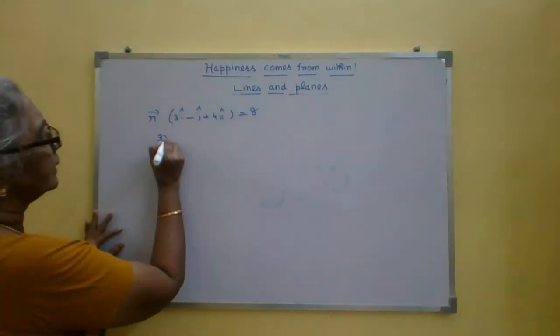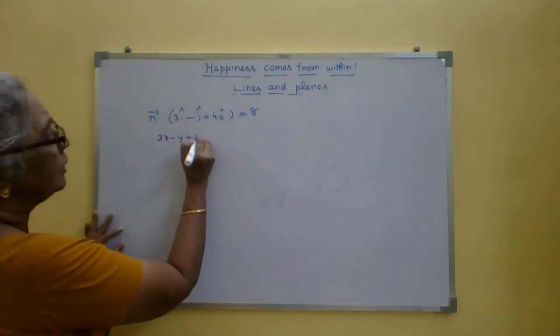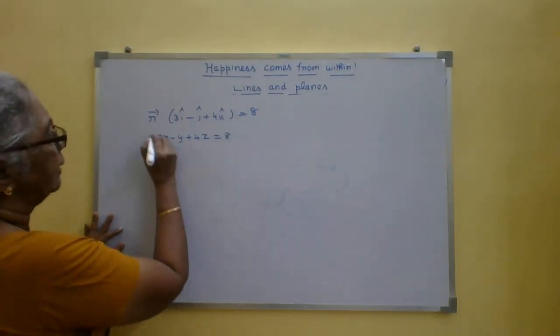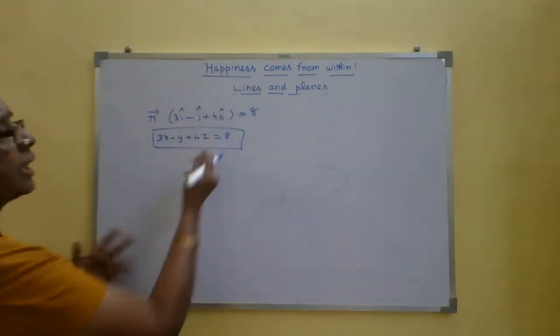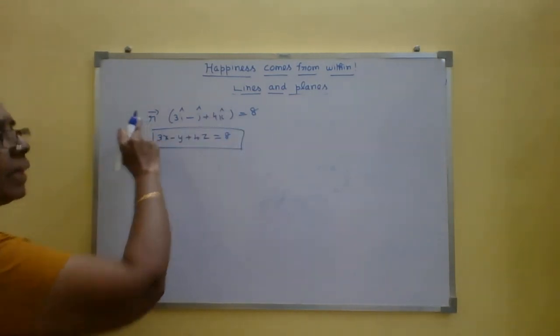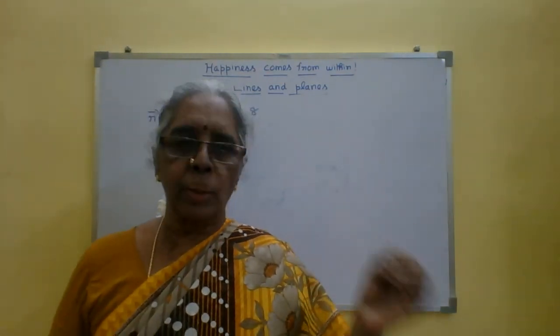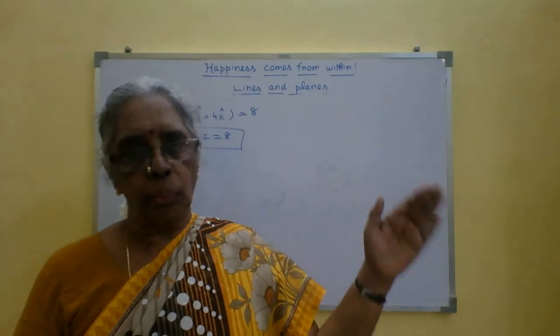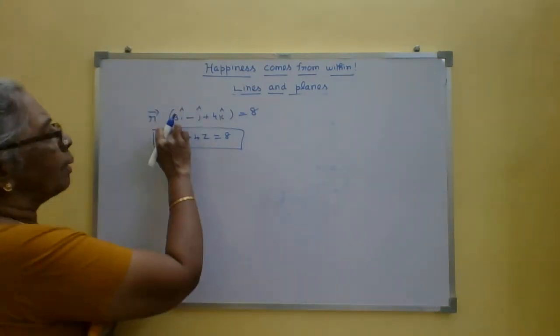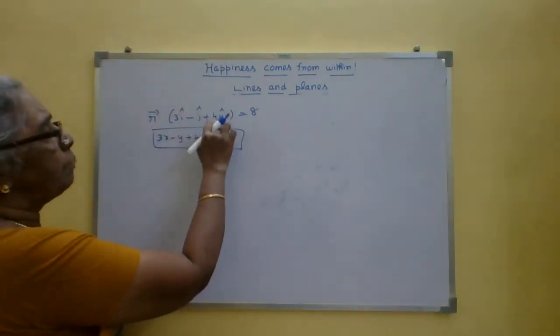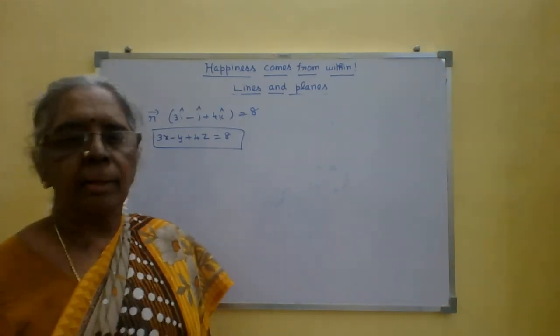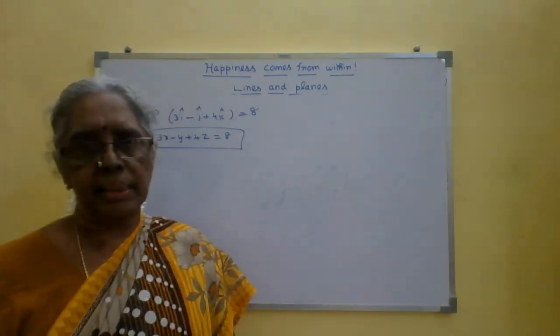You will get 3x minus y plus 4z is equal to 8. So this is the Cartesian format straight away. Actually we are substituting xi cap plus yj cap plus zk cap in the place of r vector and doing the dot product, or you simply remember it like this: 3x minus y plus 4z is equal to 8. This represents the Cartesian equation.